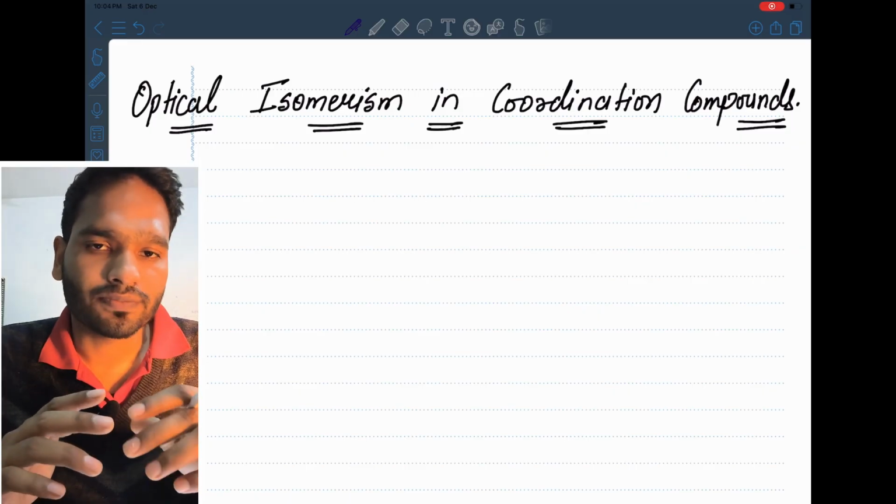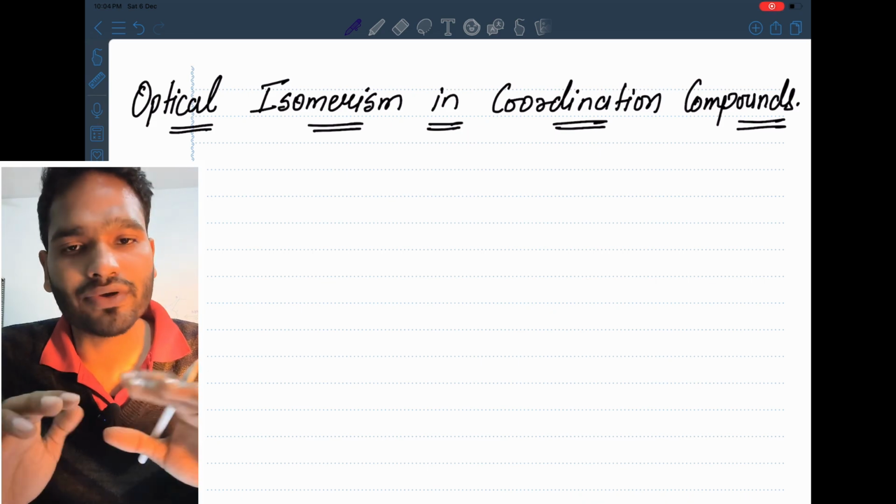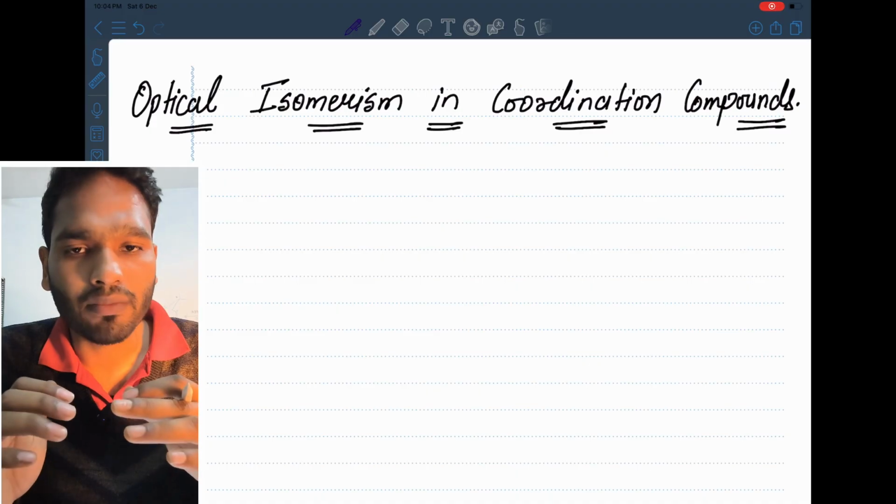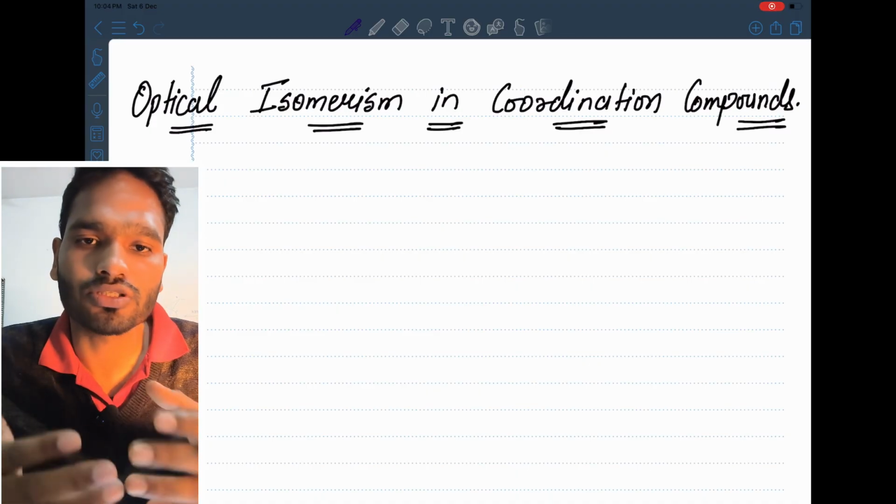Okay, so optical isomerism, as you can see, is related to light.